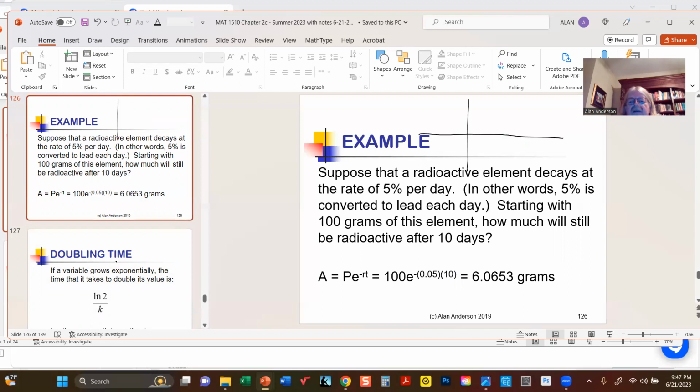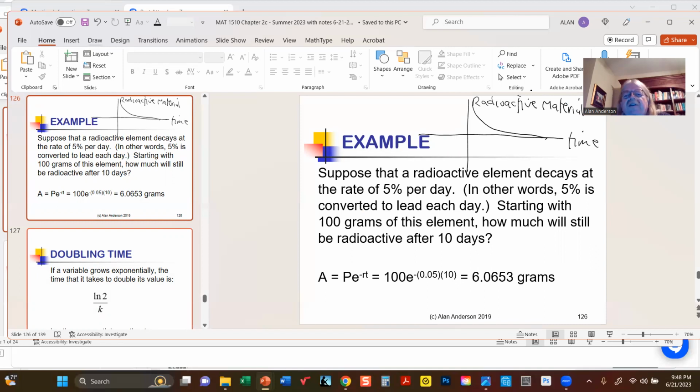Because what's happening is that the amount of radioactivity, that's your dependent variable, and this would be time, is falling off at a very rapid rate.